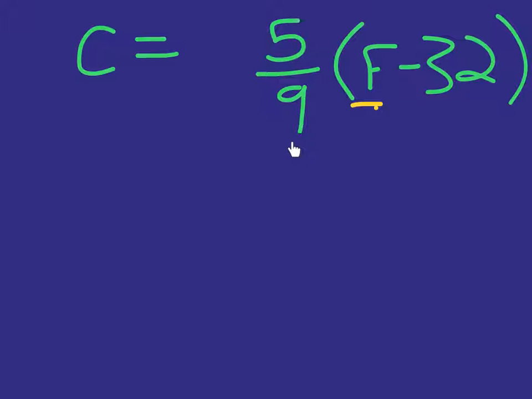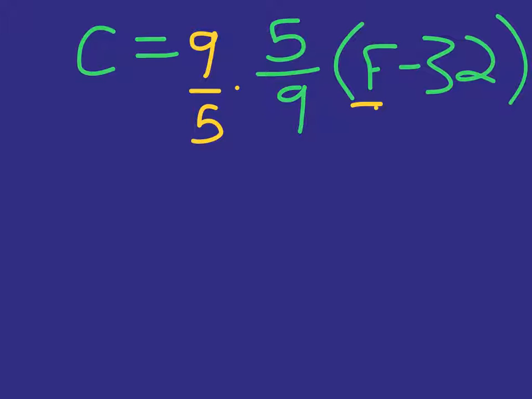Okay, so if we're going to do 5/9 divided by 5/9, that's going to look really messy. So remember this rule: whenever you're dividing by a fraction, you have to flip the fraction upside down. So this one's going to become 9/5, and then you multiply.